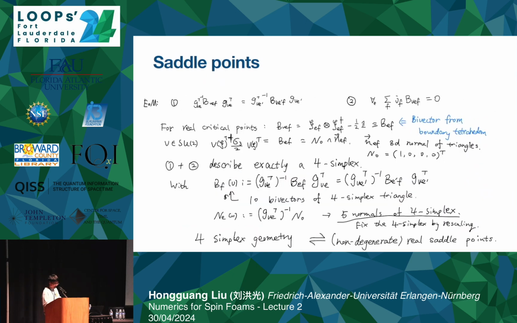So this gives exactly a geometric meaning of the equation of motion, in the sense that for the real dominating critical point, this bivector defined here doesn't depend on the vertex V, and it's just a rotation of sigma 3. Sigma 3 is a boost, the bivector for the z direction, the third direction of x, y, z.